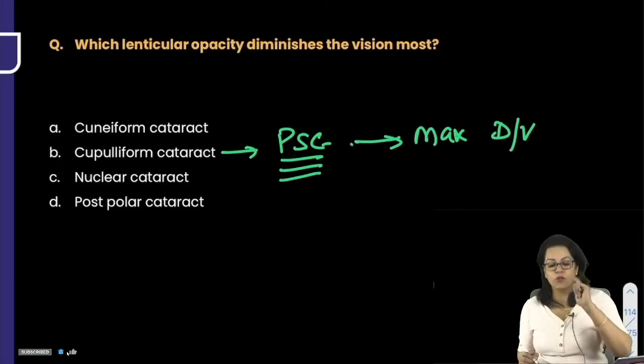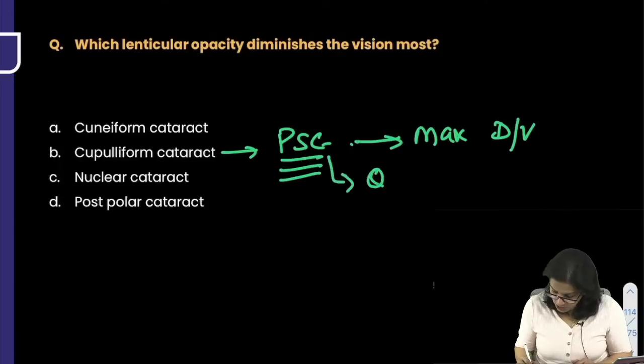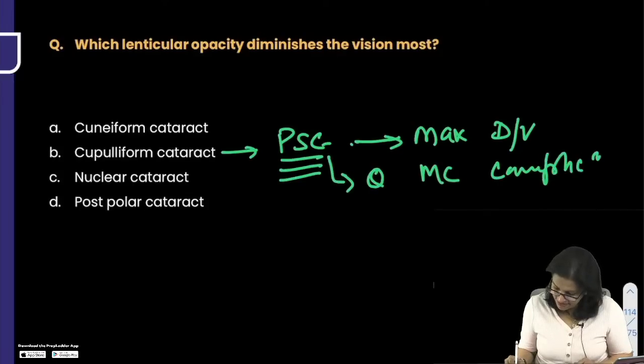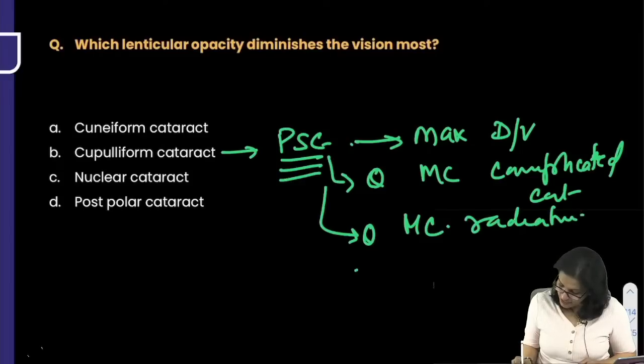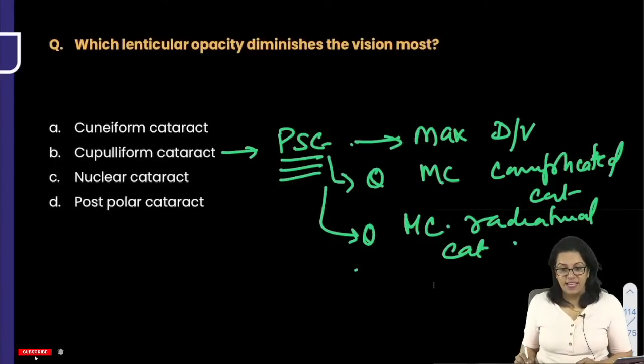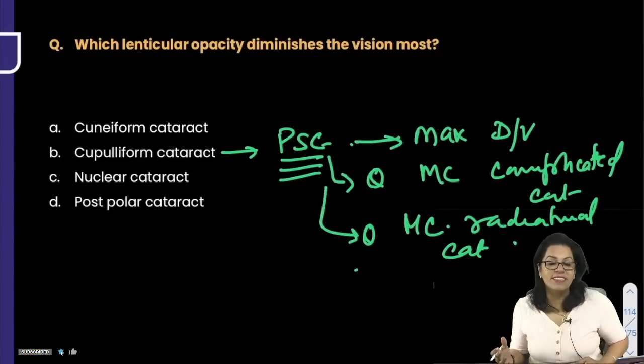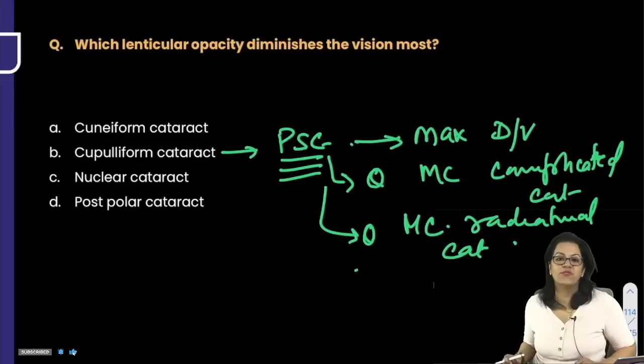Chalo, few more questions on PSC. Most common complicated cataract, PSC. Okay. Next, another question. Most common radiational cataract is also PSC. Right? And you have already learnt that it causes maximum diminution of vision.